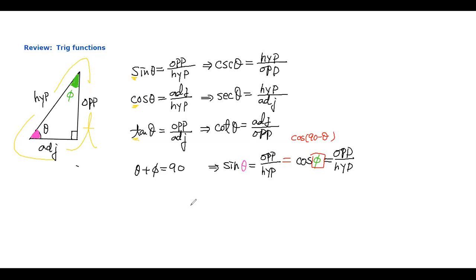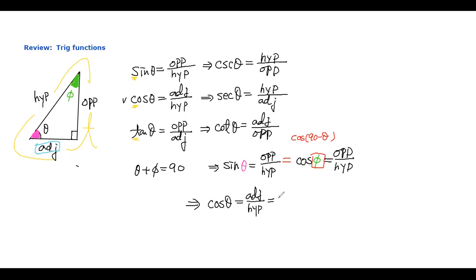Let's take a look here. The cosine theta we just defined is adjacent over hypotenuse. So it's this side, related to this purple angle, over the hypotenuse. This blue side is the opposite side for this phi.